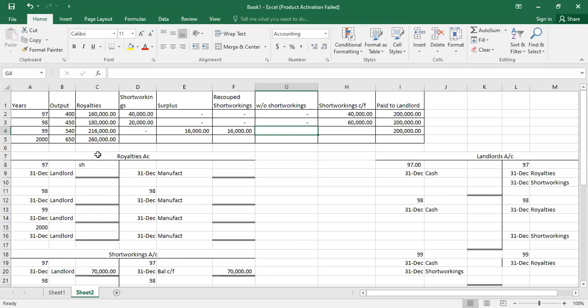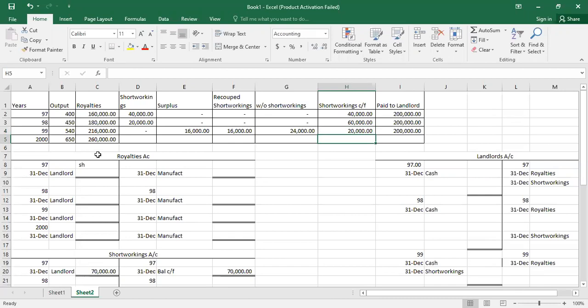So that is going to be 24. So our carried forward will be 84 minus 24, we've written off 24. So our carried forward will be 20, isn't it?